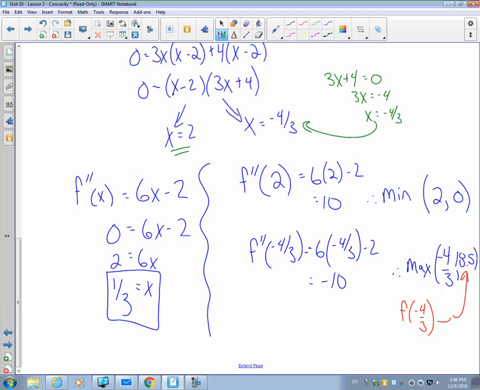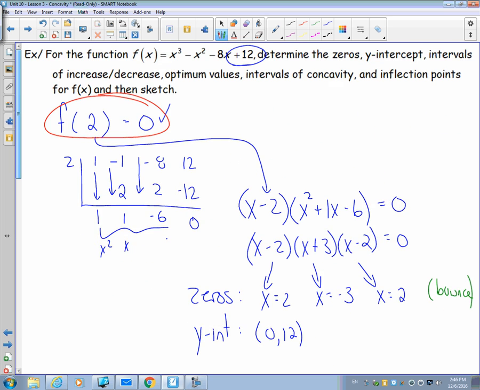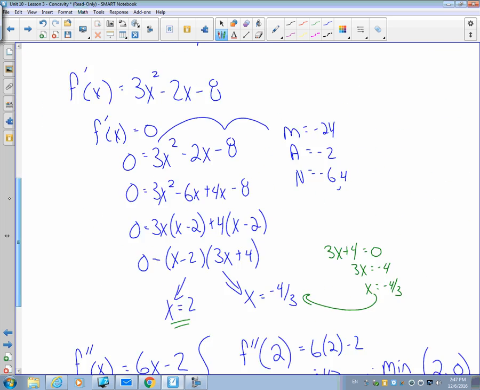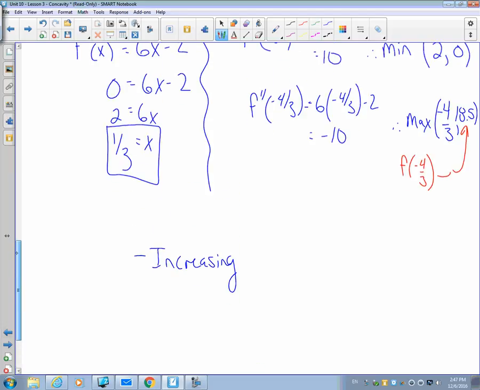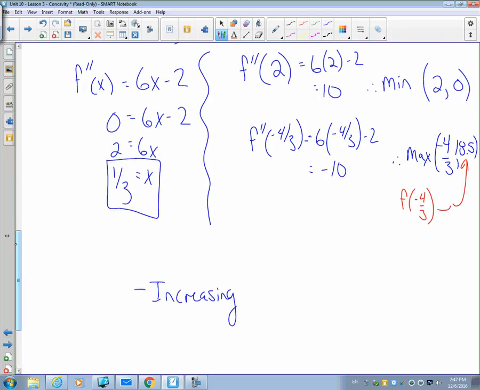Well, we know it's increasing. Actually, I think it asked us for intervals of increase and decrease, right? Let's see. Yep, intervals of increase and decrease. So add to our list here, and it's increasing. And when's it increasing? It's increasing before you get to a maximum, right? So it's increasing when x is less than -4/3.